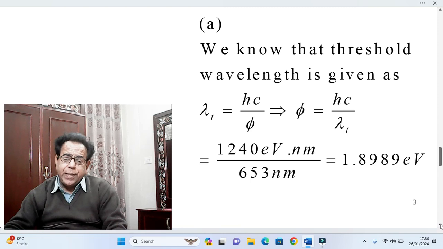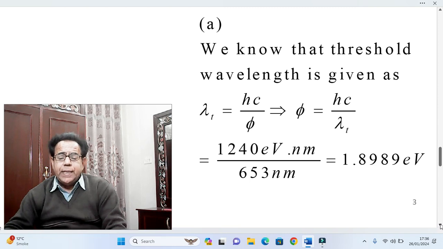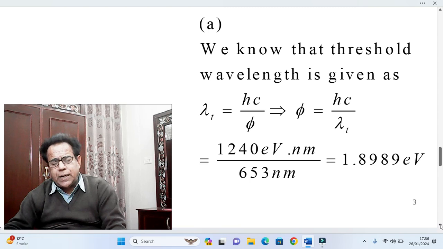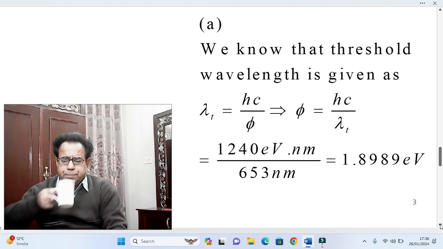This implies that if we want to find the value of work function phi, then phi will be shifted to the other side of equality and appear in the numerator from the denominator. Similarly, the threshold wavelength lambda t, which is primarily in the numerator, will be shifted to the denominator, and our work function phi will become equal to hc over lambda t.